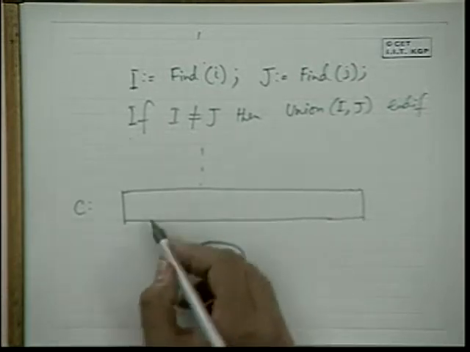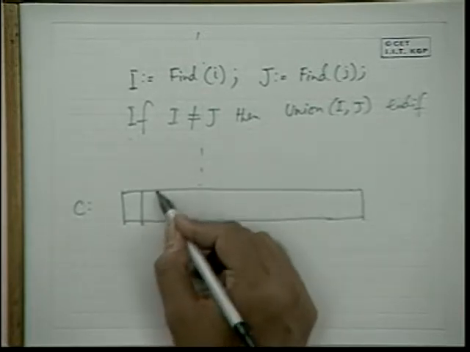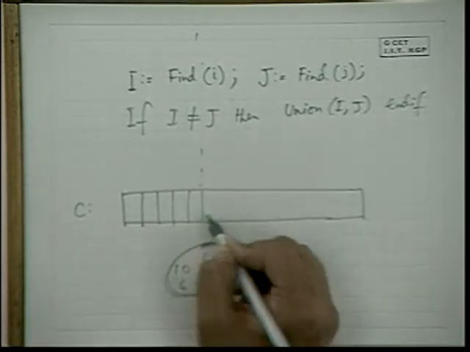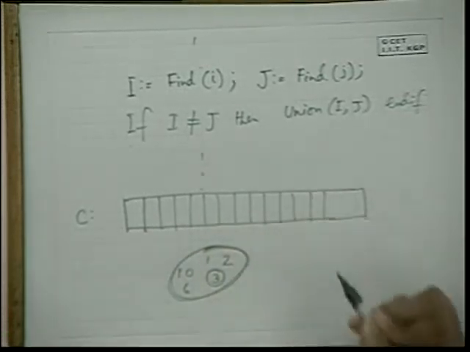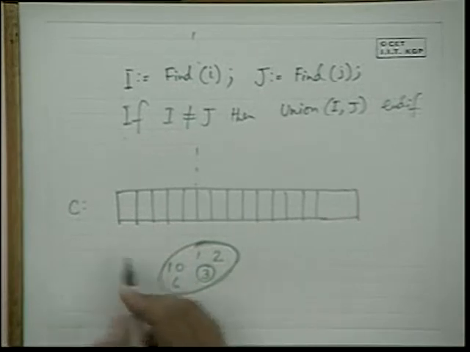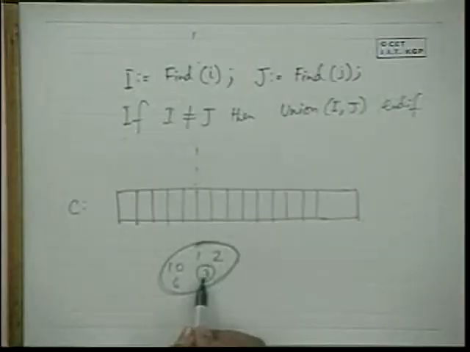So if I use the array, suppose this is 1, 2, 3, 4, 5, 6, 7, 8, 9, 11, 12, 13. So suppose this is an array. So Ci will contain the name of the set in which I belongs. So 1 belongs to the set with the name 3.